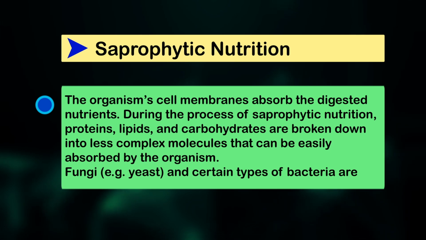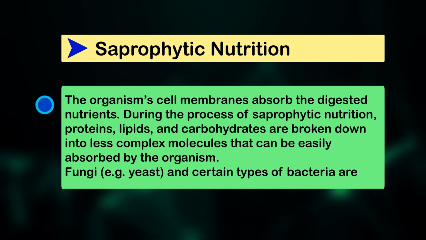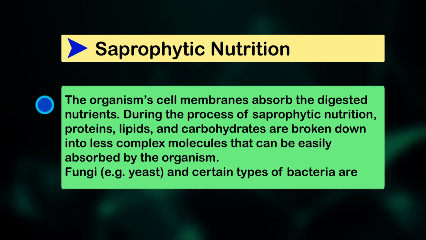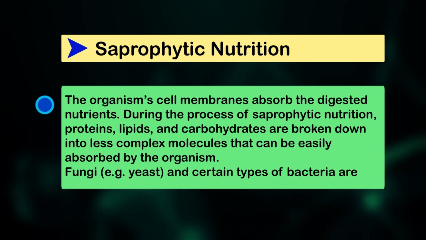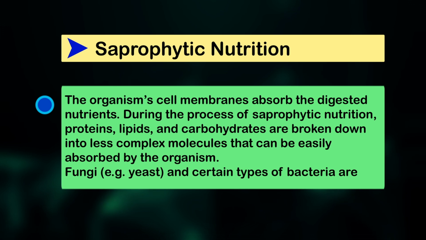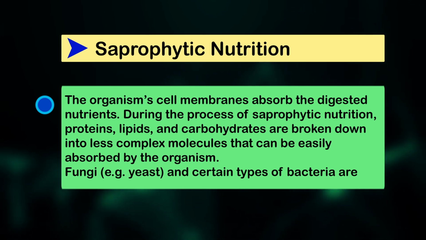Then the organism's cell membrane absorbs the digested nutrients. During the process of saprophytic nutrition, proteins, lipids and carbohydrates are broken down into less complex molecules that can be easily absorbed by the organism.